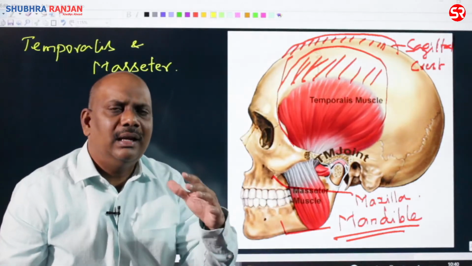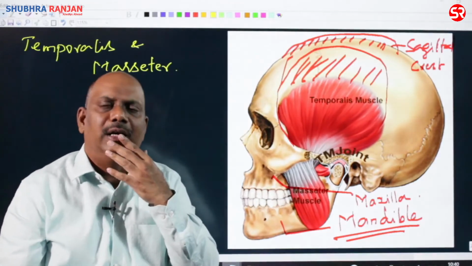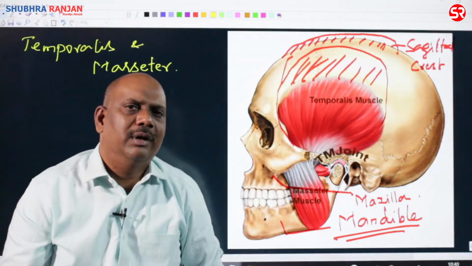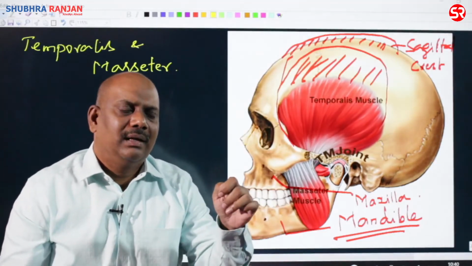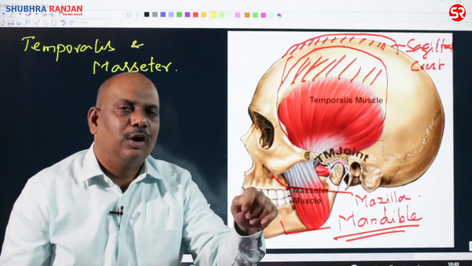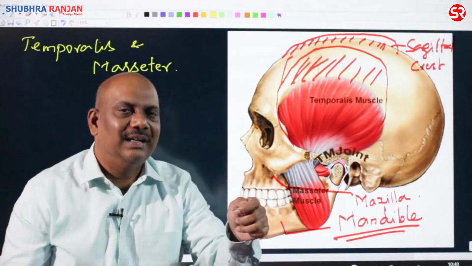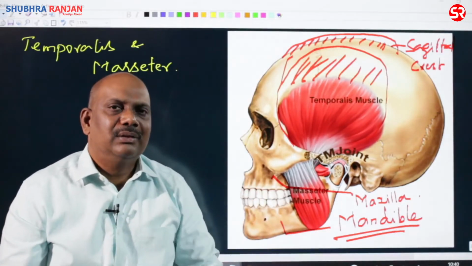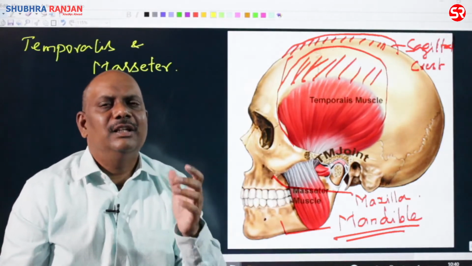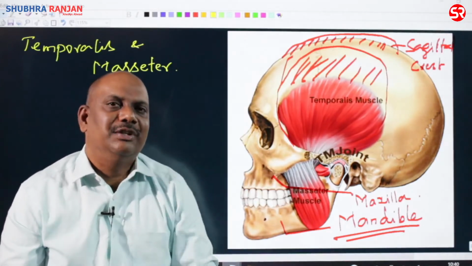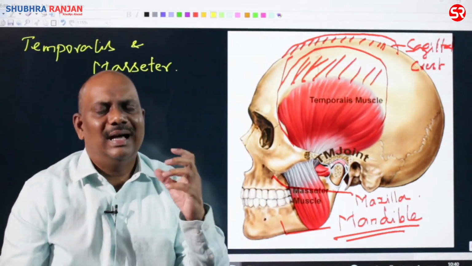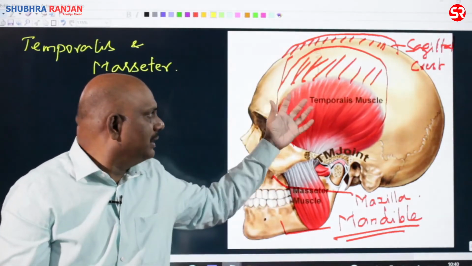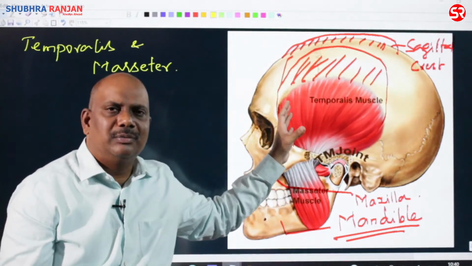In the course of evolution, from the time of Homo erectus, Homo erectus started keeping the meat in the fire, roasting it, processing it, and then eating. So there was a decline in the process of biting and chewing. As a result, these muscles also became smaller and smaller.